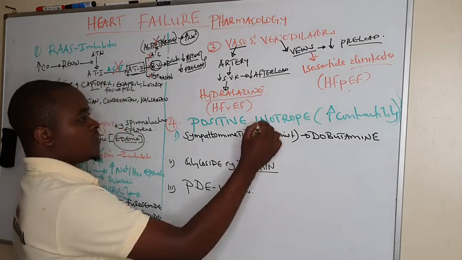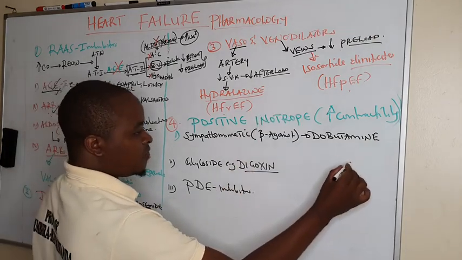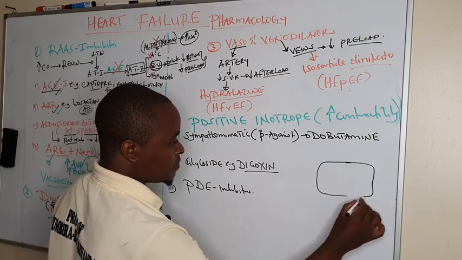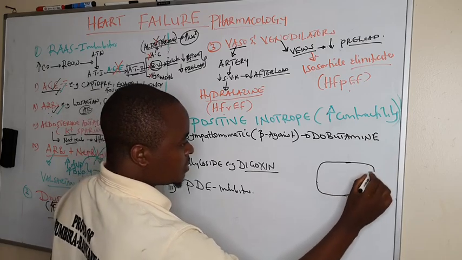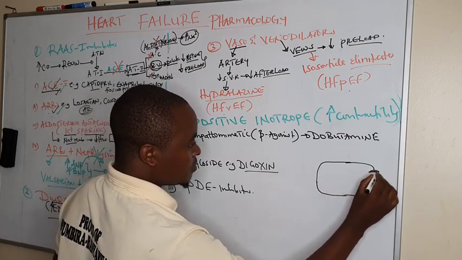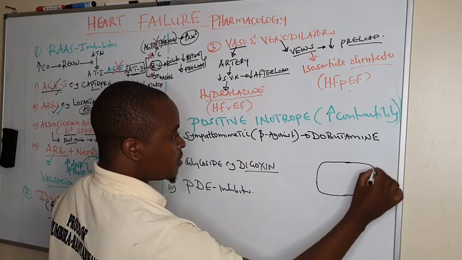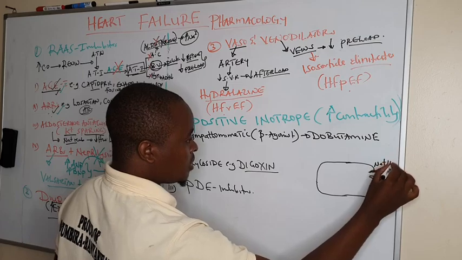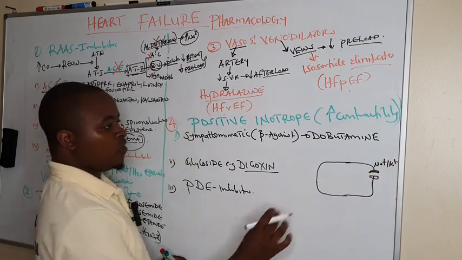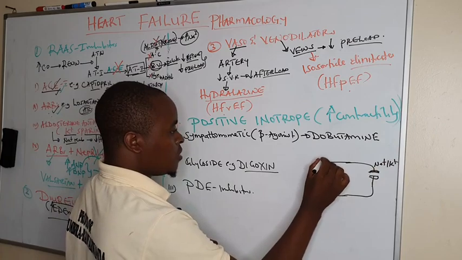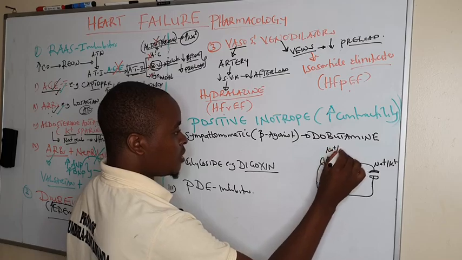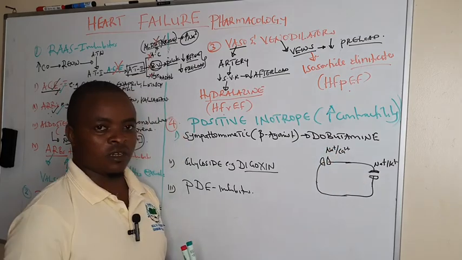And all these act, if this is my cardiac cell, these ones have what we call the sodium potassium ATPase channel. There is also another channel responsible for the sodium calcium exchanger.